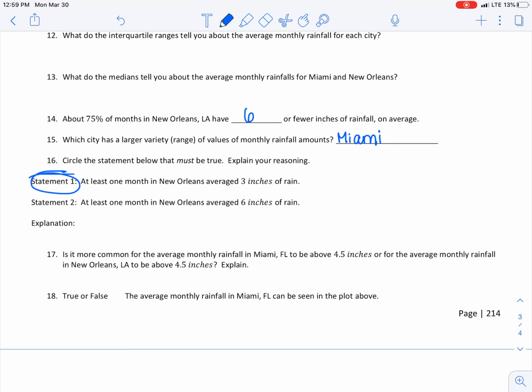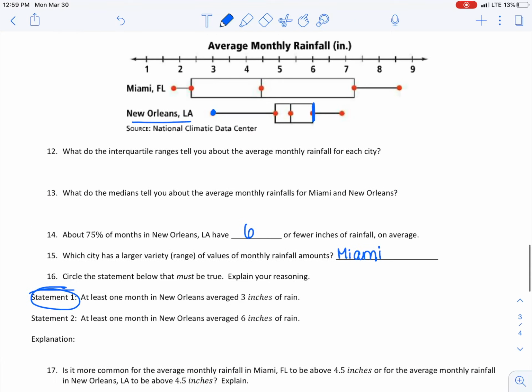Is it more common for the average monthly rainfall in Miami, Florida to be above 4.5 inches or the average monthly rainfall in New Orleans to be above 4.5 inches? We need to look at the 4.5. Everything's kind of lagging here. We're looking at 4.5 on both of these, so 4.5 is going to be right through here.